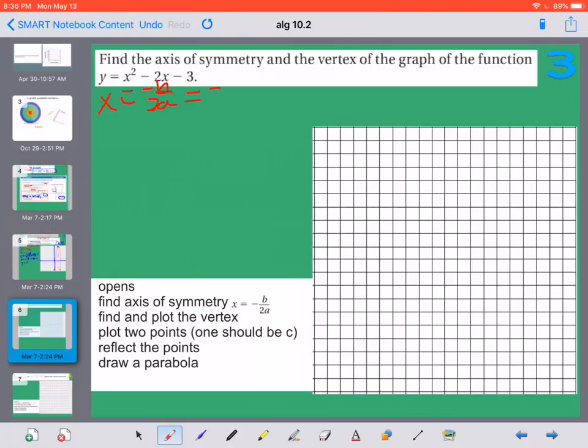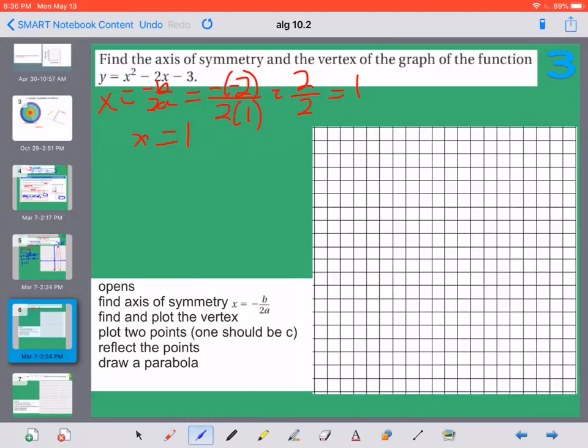Negative b is actually going to be a negative negative 2, which is 2. The 2a will be 2 times 1. So 2 divided by 2. So our axis of symmetry is going to be x equals 1.